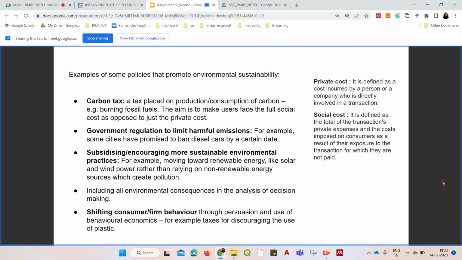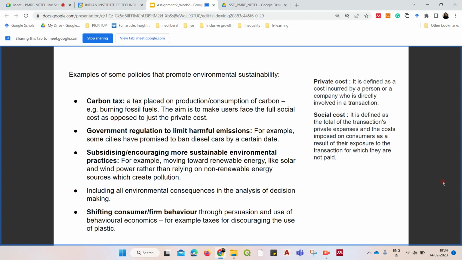Then another example of a policy would be making a decision related to the use of any natural resource based on thinking of all the environmental consequences which go with that decision, not just focusing on the current short term consequences, but thinking about all the environmental consequences and then making the decision.